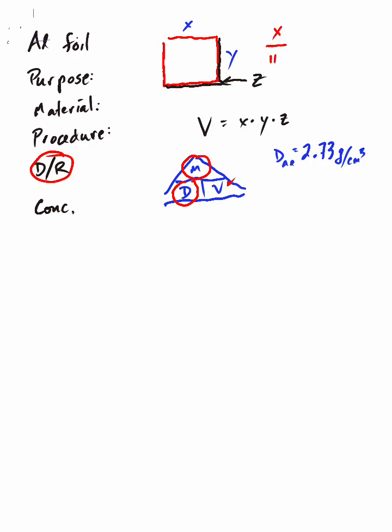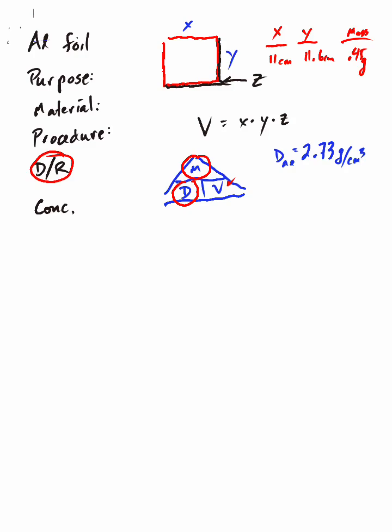So your data can look like this, 11, and please use units, centimeters. Also Y, that is 11.6 centimeters, and the mass in grams was 0.45 grams. Now this data is similar to probably yours. It is not the same. I had a different piece of aluminum foil, so your calculations may be different.